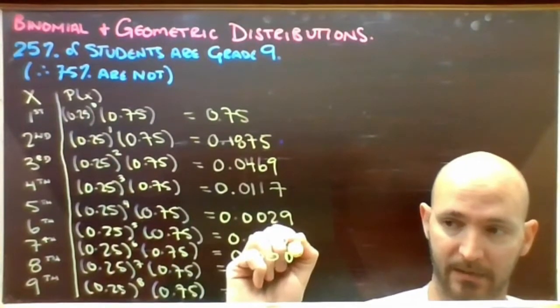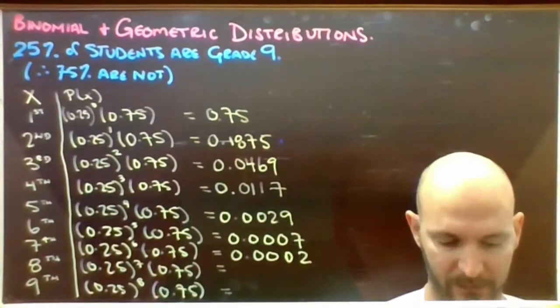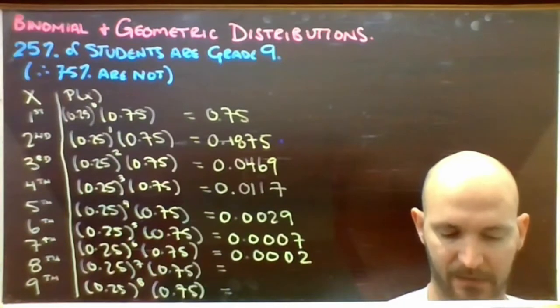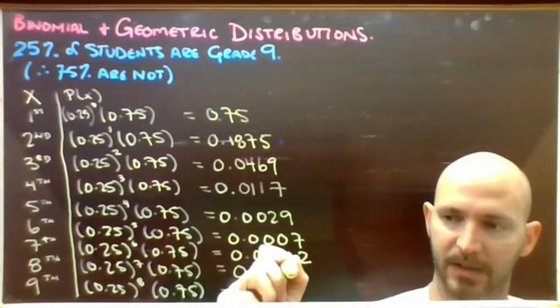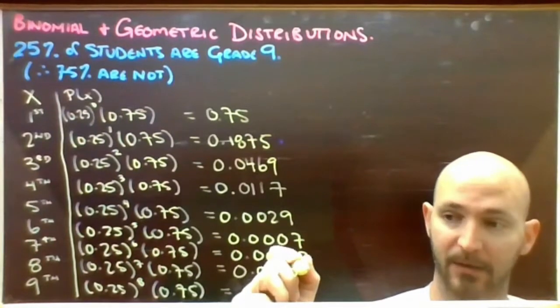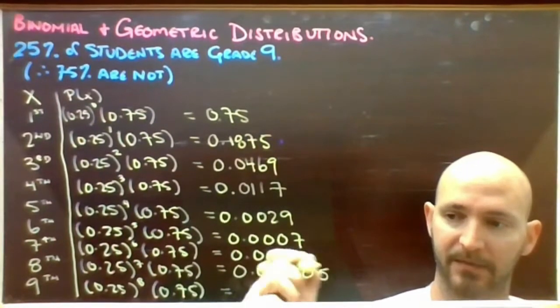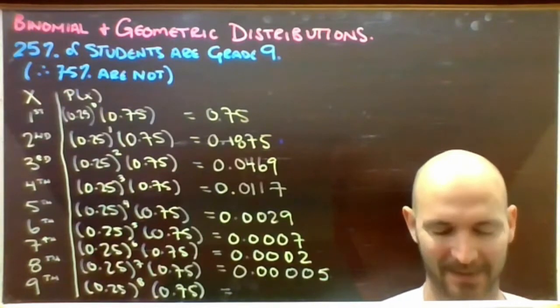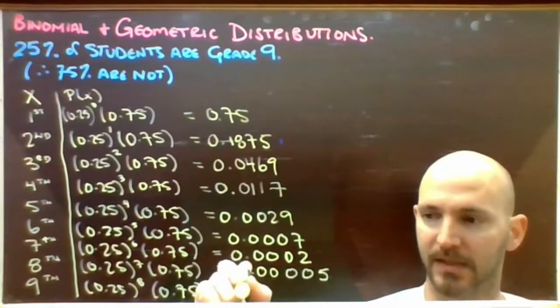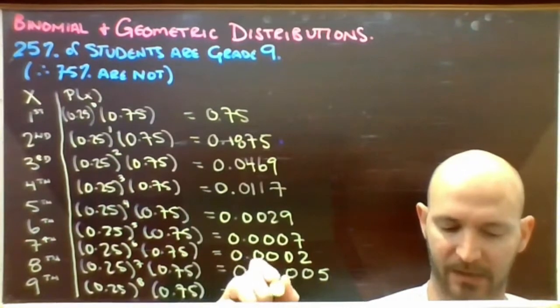I'm going to round that to 2 times 0.25 is 0.00005. And one more time, just because I've drawn the chart already, 0.00001.